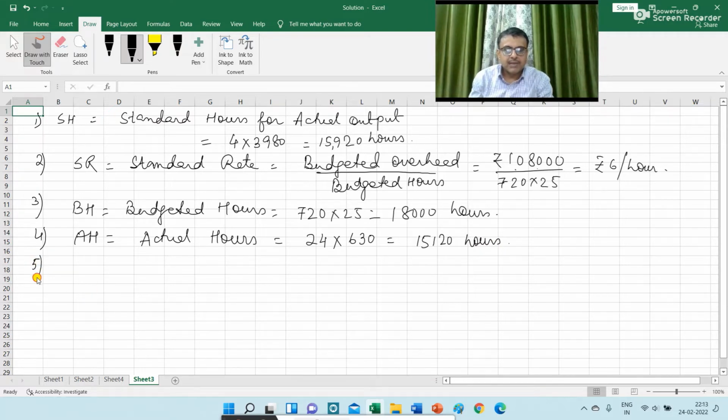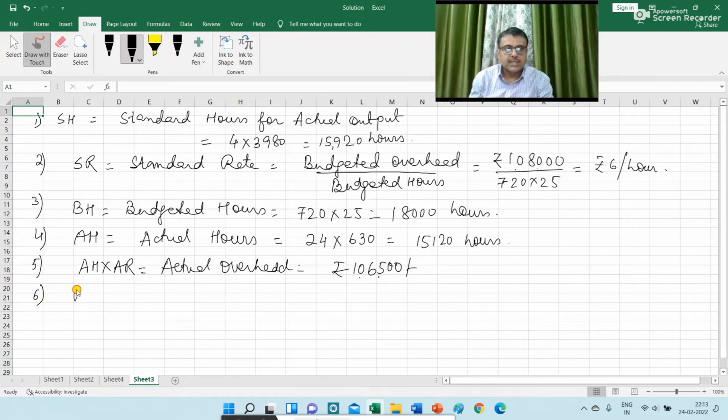And the fifth parameter is actual hour into actual rate, which is the actual overhead. Actual overhead is rupees 1,06,500 for the month of June 2021.